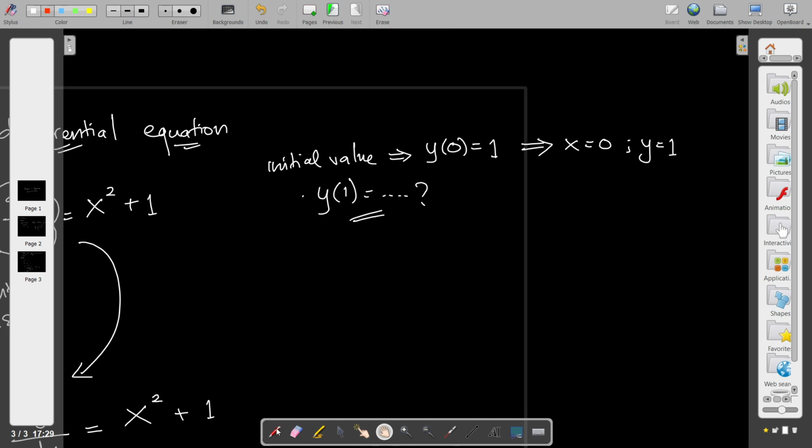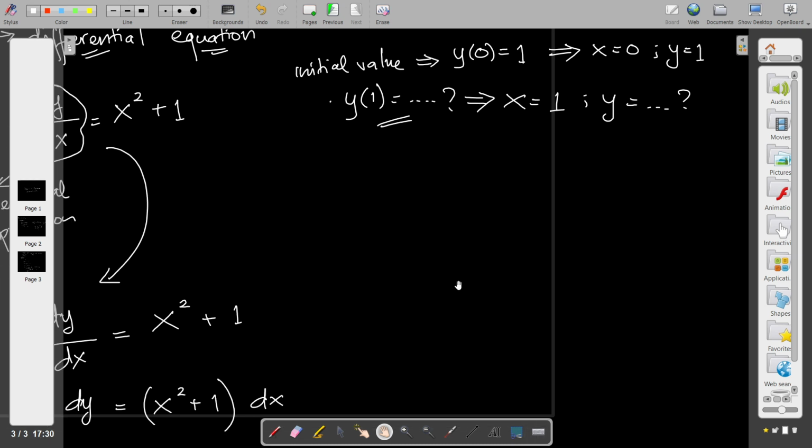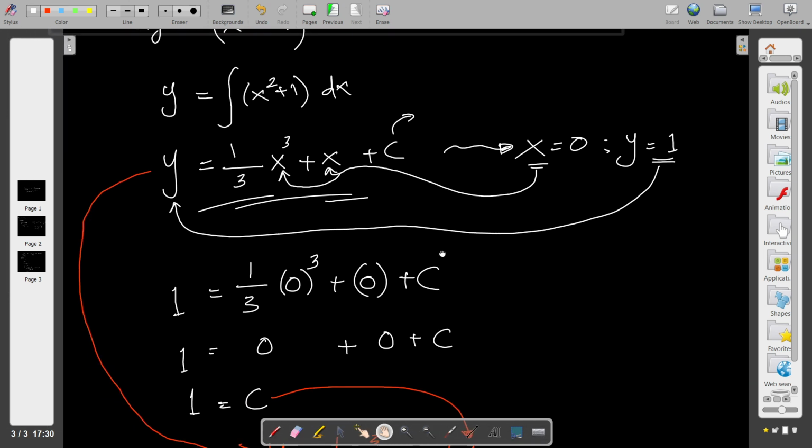It means that when the value of x equals 1, how much is the value of y? So we are going to put the value of x equals 1 into our solution.